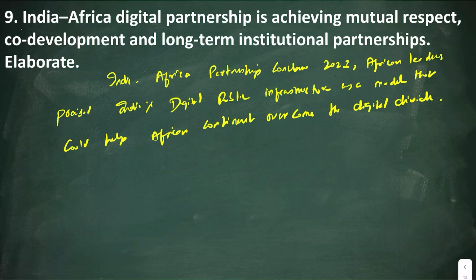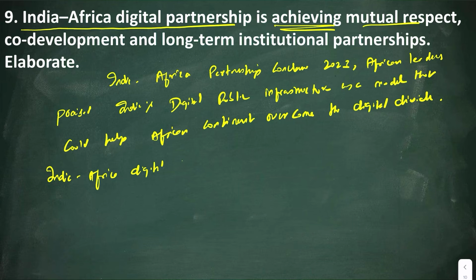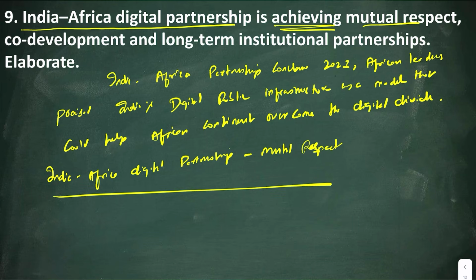All right, now coming to the body, try to write this India-Africa digital partnership in achieving mutual respect. Okay, so here you can say India-Africa digital partnership, put a hyphen, mutual respect. Okay, so here you can elaborate the first one.